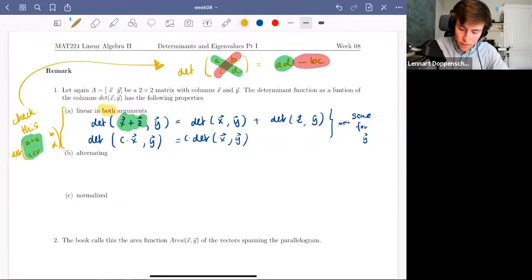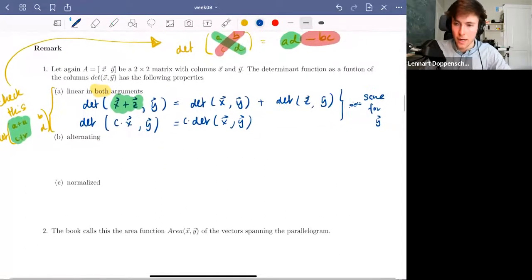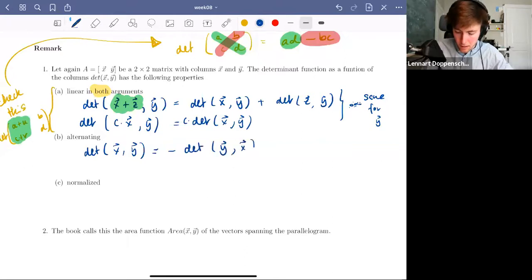Okay, so let's move on with the properties. There's more that the determinant can do. It's alternating. So what does alternating mean? If we think about the determinant as a function of x and y again, then if we interchange the columns x and y, then we get minus the determinant of y and x. And again, you can check this. This one's actually quite quick.